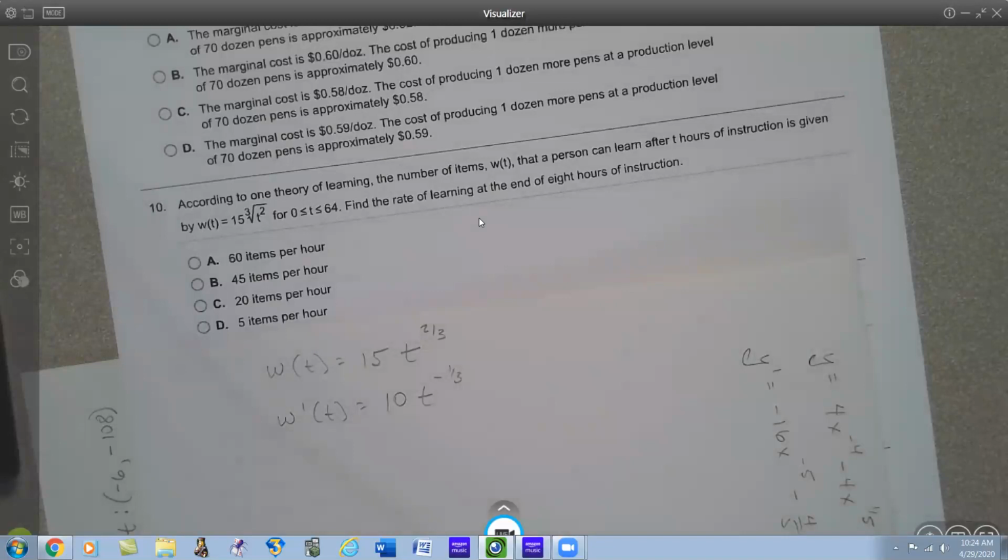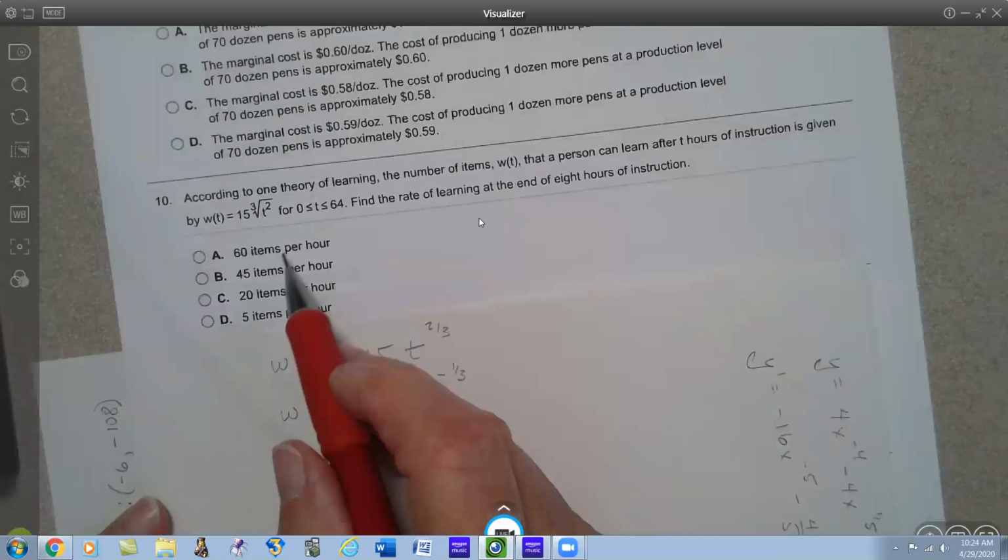I would substitute 8 in. So if you substitute 8 in, I believe you should end up with 5. See if you end up with that. Yes. Okay.